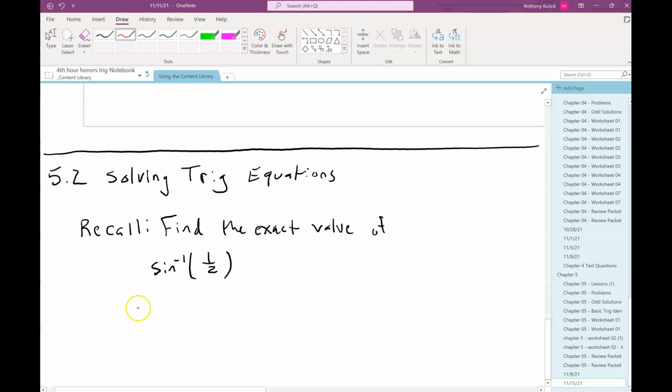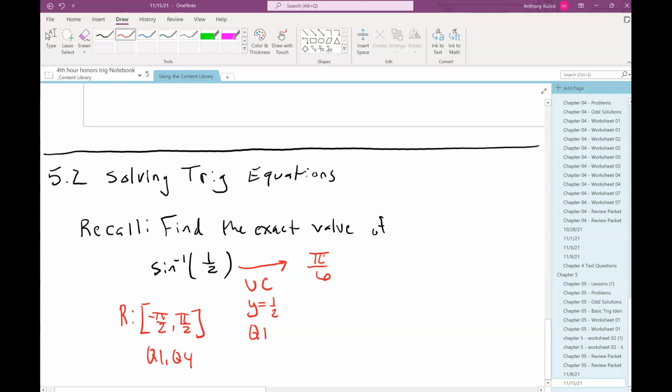So to do this, you'd be like, okay, well, the range for sine inverse is -π/2 to +π/2. So we're talking about quadrants 1 and 4. So I'm just going to go to my unit circle and look for where the y-coordinate is 1/2 inside of one of those, which is clearly quadrant 1, that the y is positive. When I pull that, I see that that value is π/6.